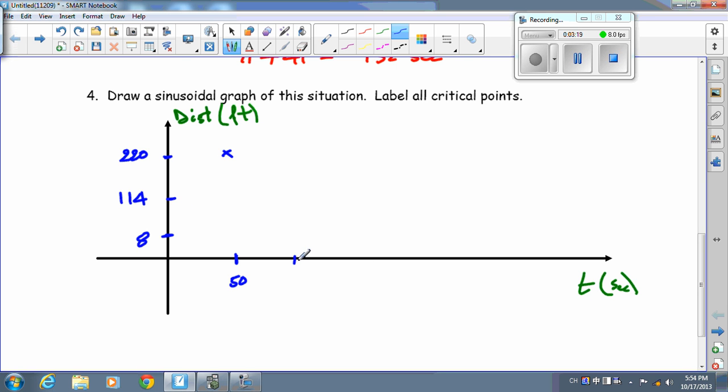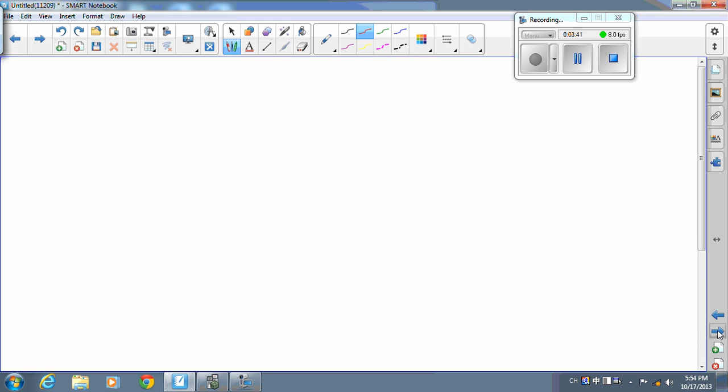After that, it was 91 seconds when we were at the lowest point. And we went back to the highest point for the second time after 132 seconds. From here, I can graph something looking like this. All right, let's go ahead and move on to the next question.